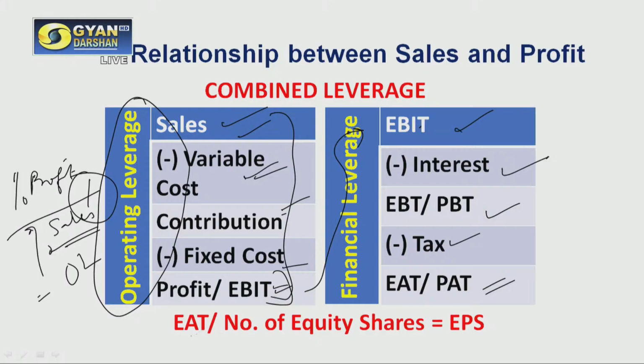After dividing these earnings after tax by the number of equity shares, we get EPS, that is earnings per share. And when we divide the change in earnings per share by the change in EBIT, this part may be defined as the financial leverage. So when we are studying the change in profit which is happening because of change in sales, that means we are talking about operating leverage.